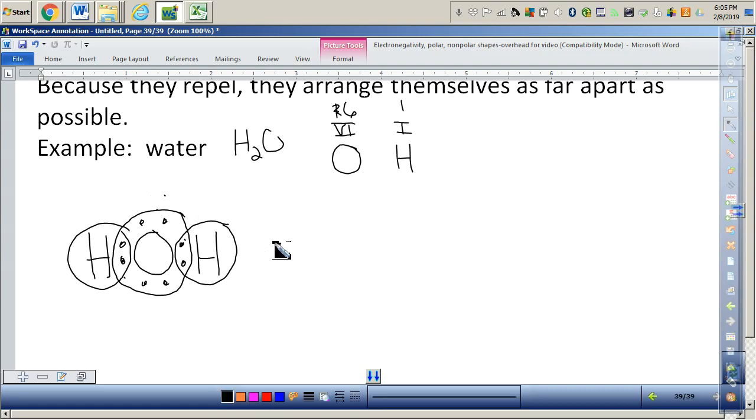And then we have 2 different types of electron pairs. We have this pair right here and this pair right here. Because they're not between atoms, we call these lone pairs. They're all alone. And then between the atoms, we have shared pairs.